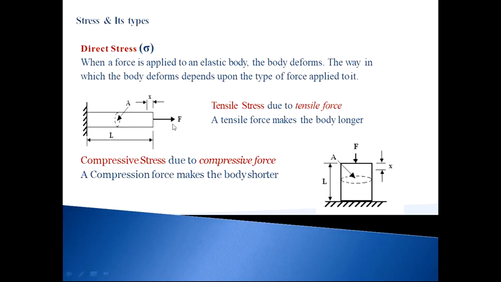In this figure, force F acts on a body and it is a pull in nature, that means tensile in nature. When applied on this body, the change in length increases due to this force F. So that tensile force produces tensile stress, and the length of the body increases beyond the original length.